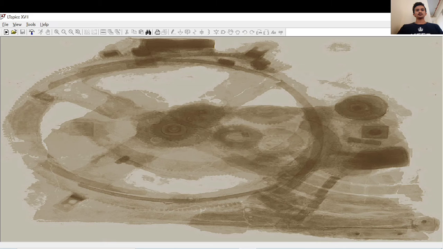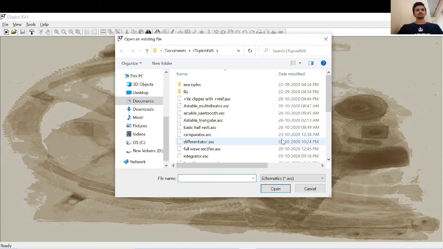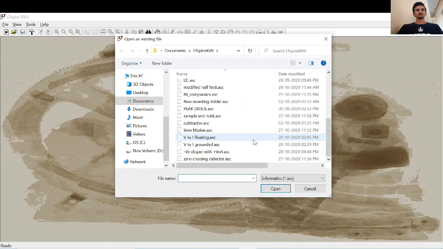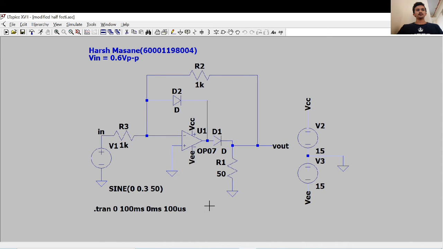So let's see this circuit on the LT-Spice. So this is my modified half wave rectifier. Similarly, I am giving 0.6 volt peak to peak. Now let's simulate it.